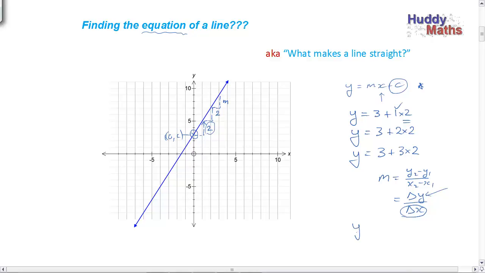So as you go along, you start at the y-intercept if you like, and then you add on x lots of the slope. Really best understood that way, to see how y grows from a y-intercept with continuing lots of the y-step. Okay, so that's what makes a line straight. You've got to have this lining up every time. Come back over here, and as we go up in 1, to keep it lined up, you must always go up by m.